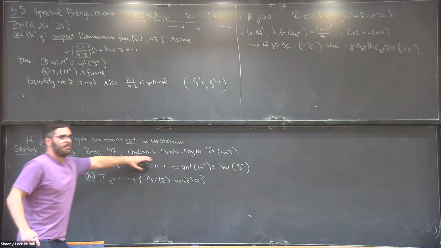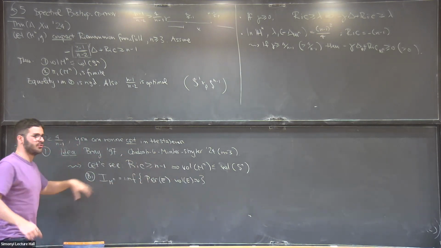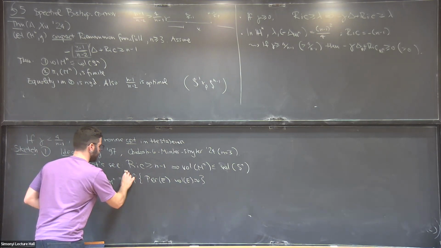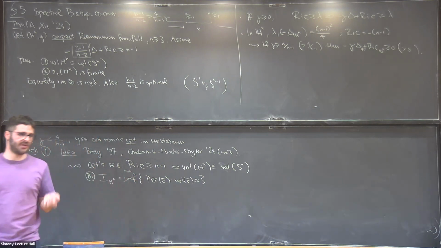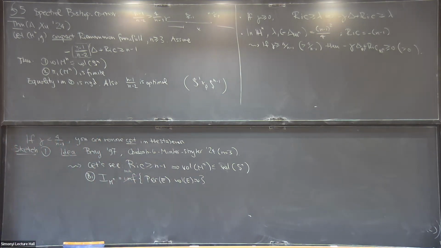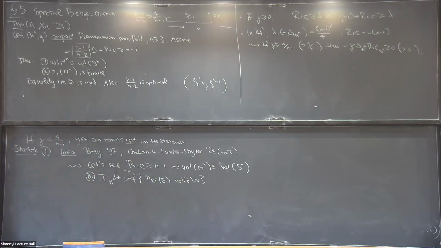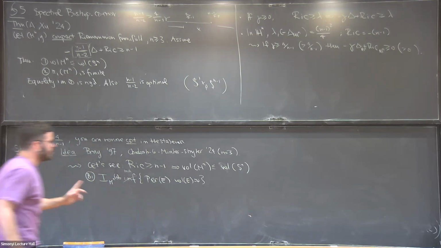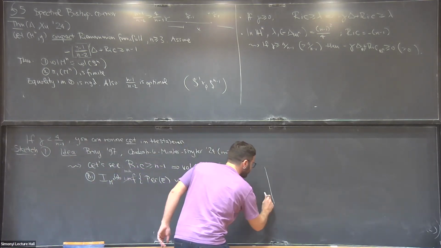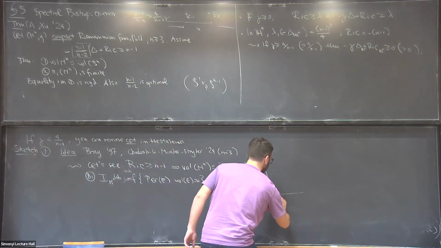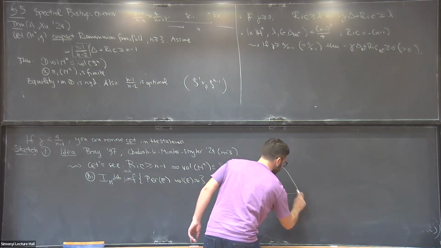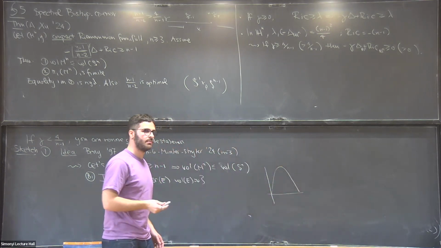With positive Ricci curvature, you have compactness, so this is actually a minimum. You always have isoperimetric sets. So that's I of V. Yes, exactly. Now, I of V is a function that begins and stops in a finite time.